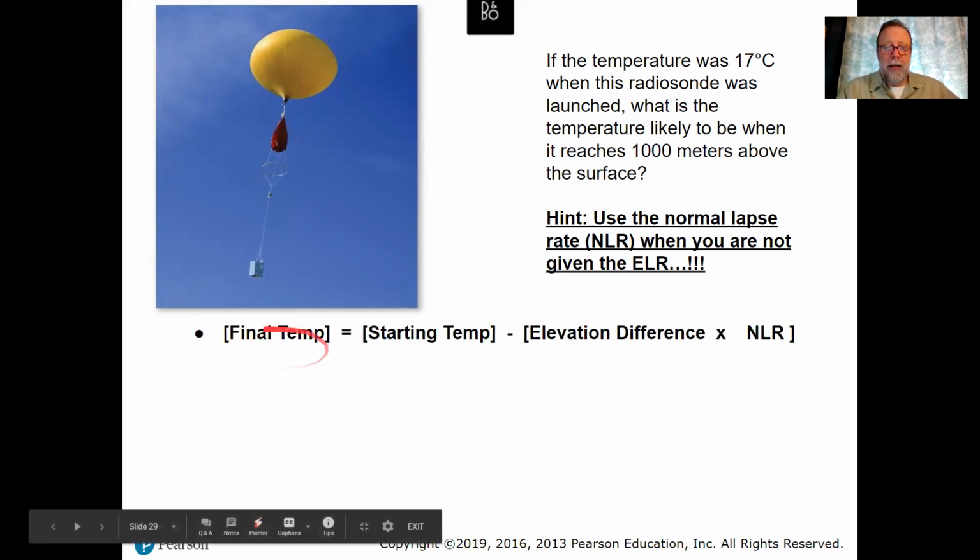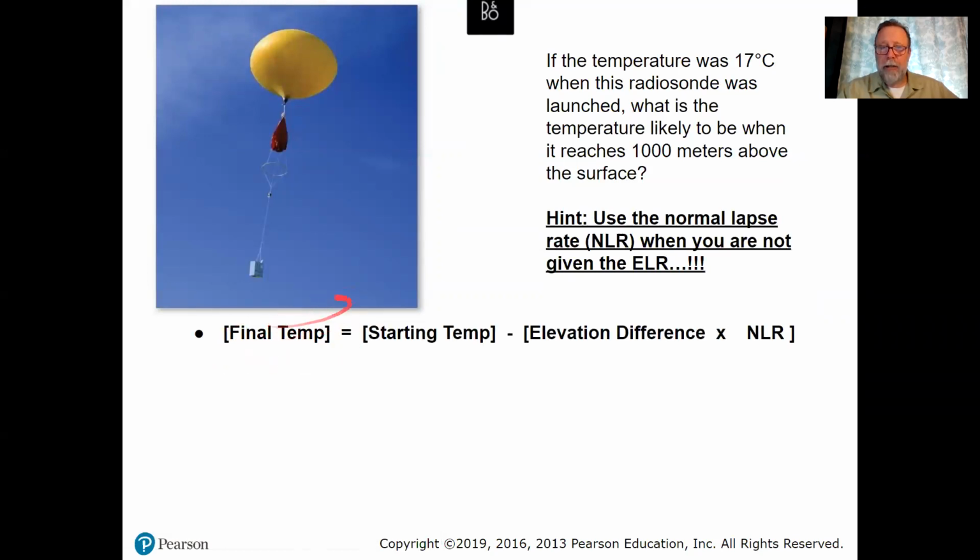So in this case, how do you get your final temp? That's what we're trying to calculate. Take your starting temp, that was 17. Take your elevation difference, I said we rose 1,000 meters, and multiply it by the normal lapse rate. This was right in your notes as the normal lapse rate.